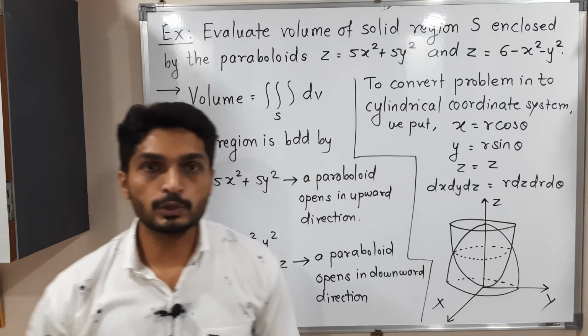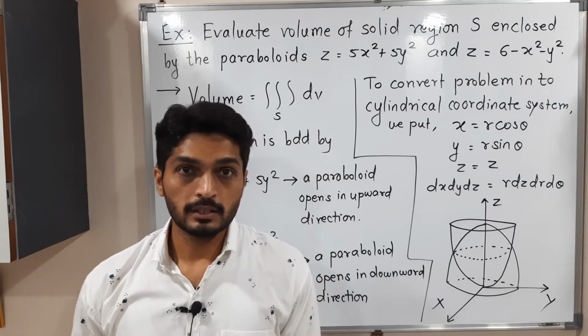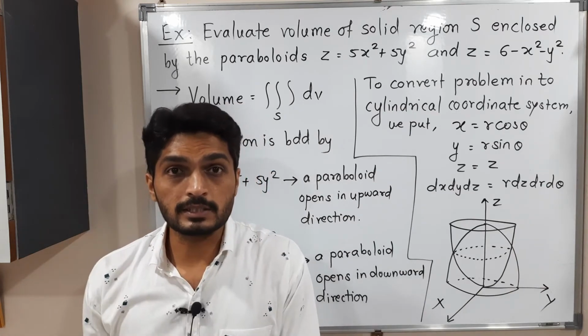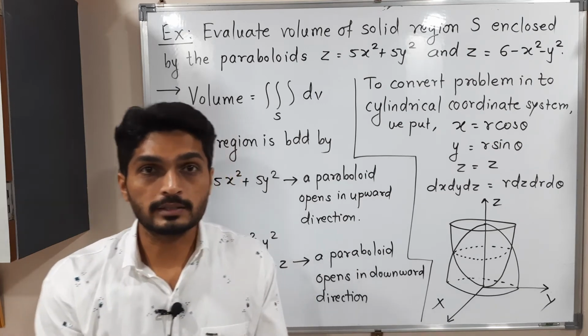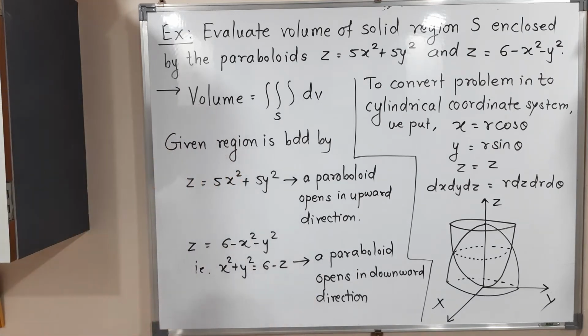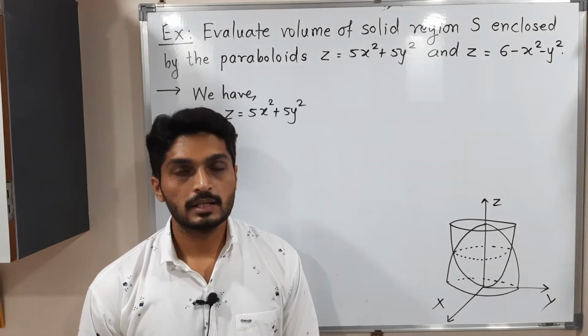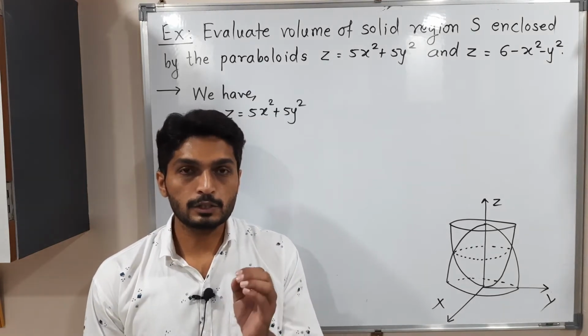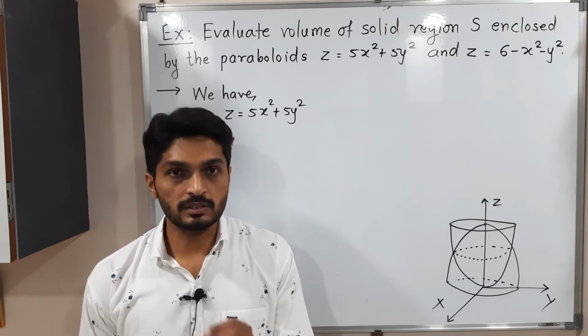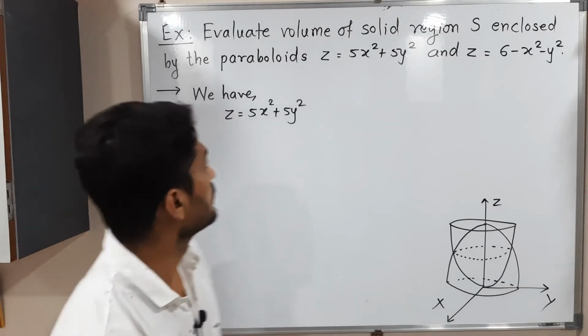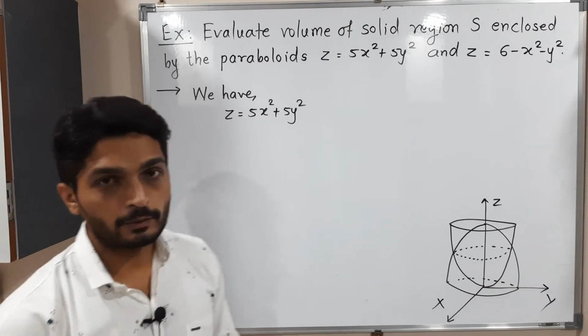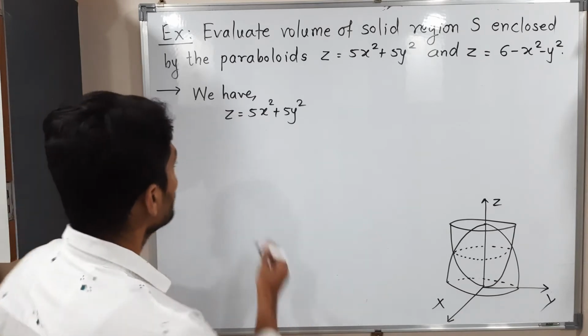After substitution, our first task is to convert given surfaces into cylindrical coordinate system. There is no more space to write, so I suggest you make a screenshot of it. So let us convert equations of given surfaces. We have z is equal to 5x square plus 5y square.